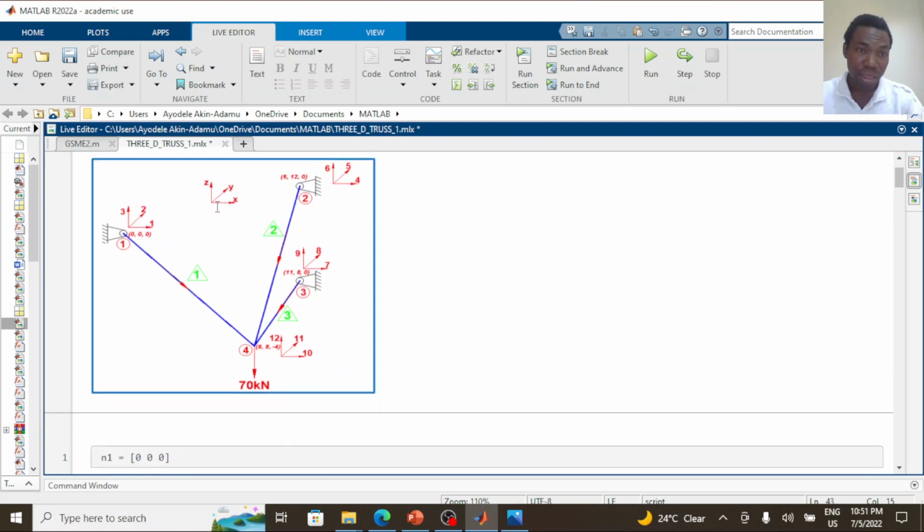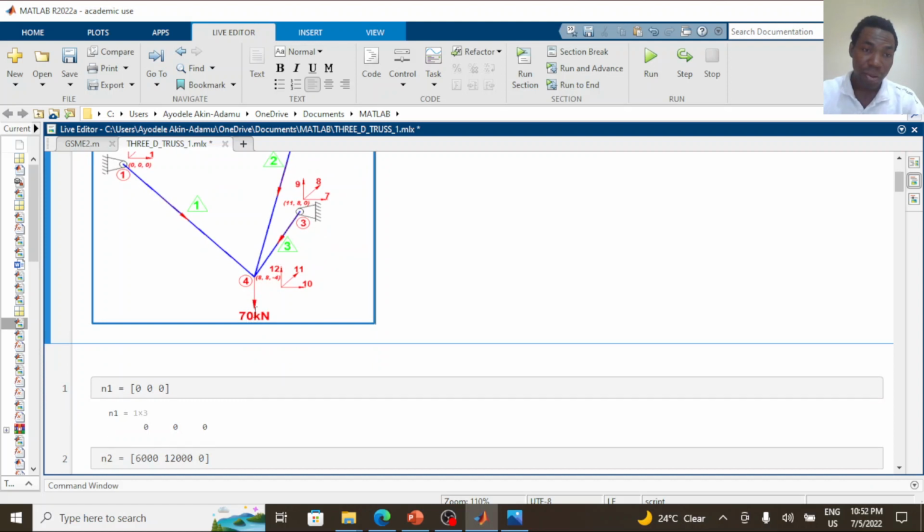And you can see the coordinate system I'm using here. For this problem, force pointing downward is negative. Force pointing upward is positive. And this force is in the Z direction. For the coordinate system at node 4, the Z direction is degree of freedom 12. So that's why at 12 we need to denote this force at position 12 in the force vector. That is minus 70 kilonewton.